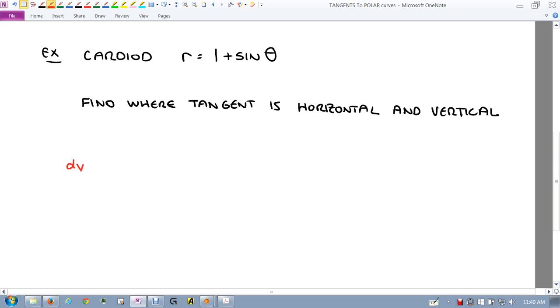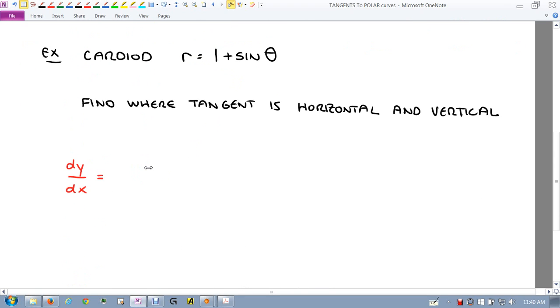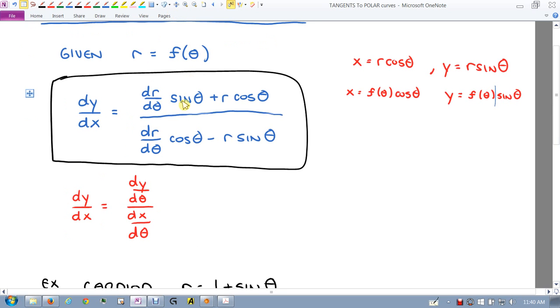What's the derivative of y with respect to x? Okay, use the formula we just had. dr d theta times sine theta plus r cosine theta. What's dr d theta? Right here. Cosine theta, times, what was after dr d theta? Was sine theta.